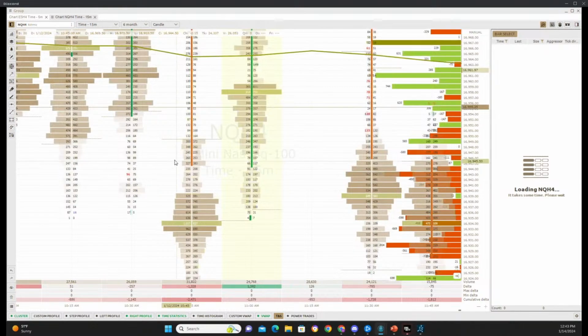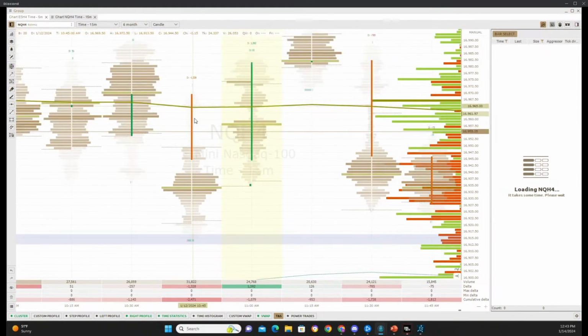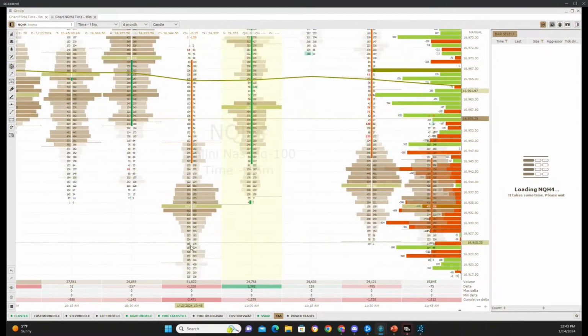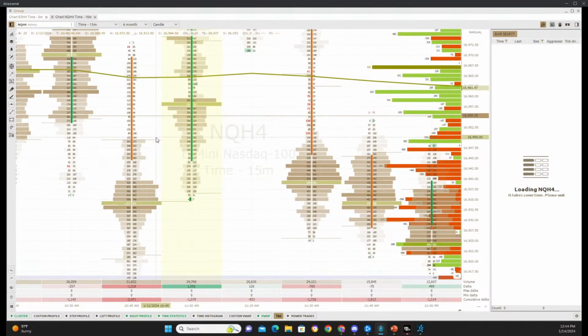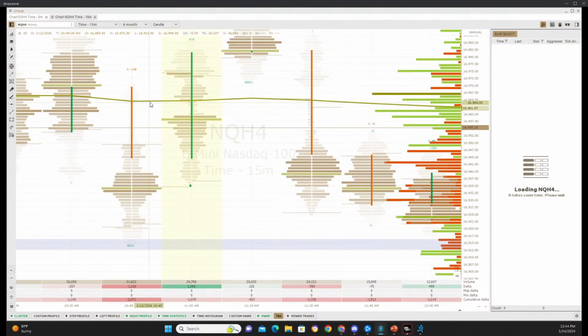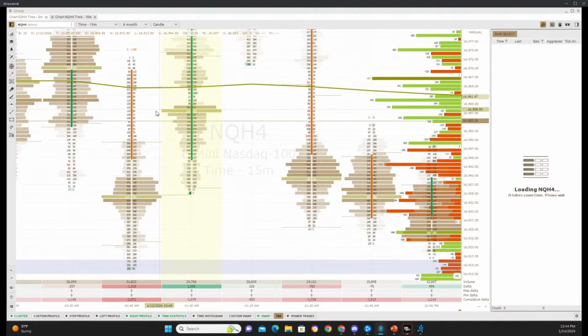Let's say for this one here, we sold off and we're going down, and I'm on 15 minutes. Then we come back to that POC and you see the delta is going major green. On this level, where it's a long liquidation, a lowercase b shape, it means liquidation.